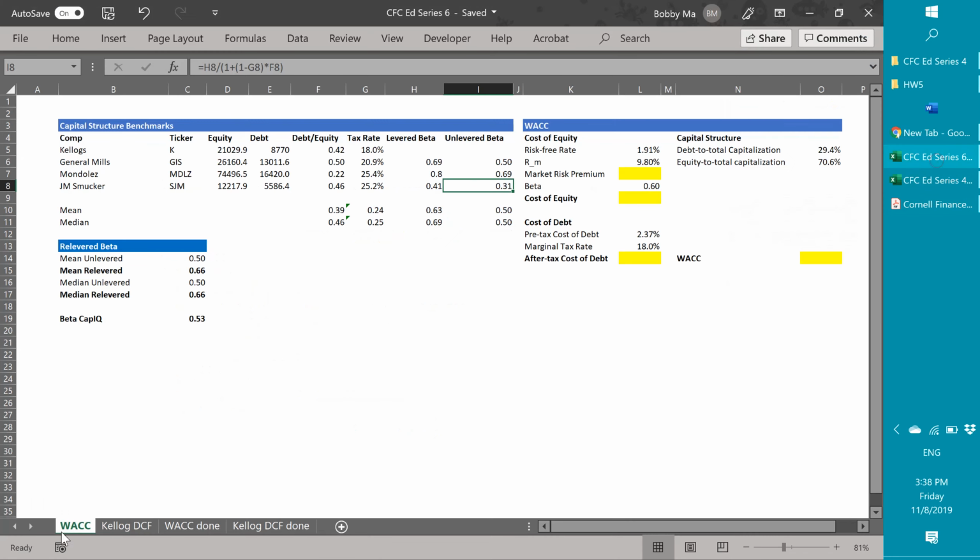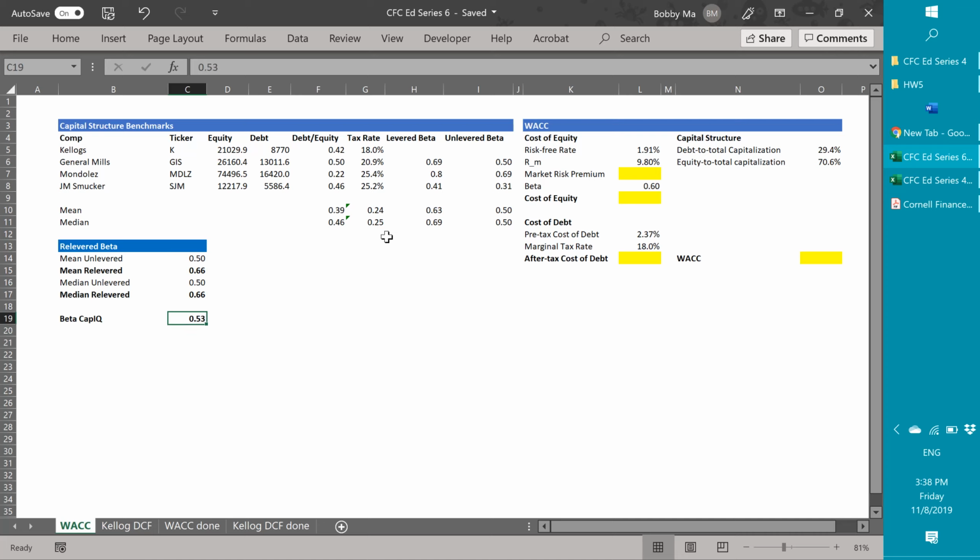So if you go to the Excel sheet on the WACC tab, you can see that we have several different items. I did most of the stuff for you, kind of. The first thing to do is to calculate what beta is.